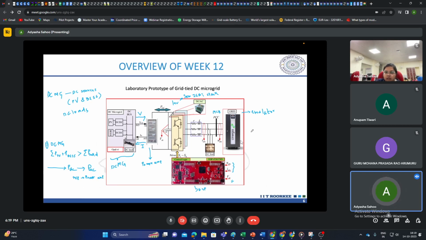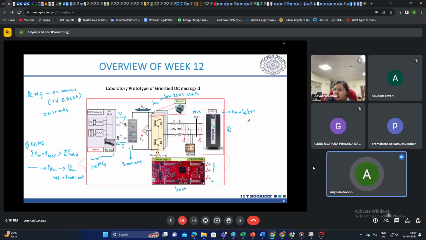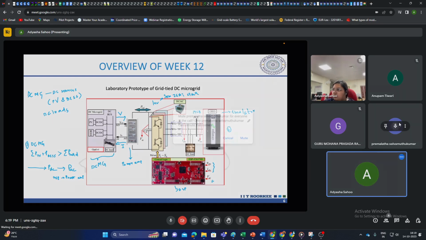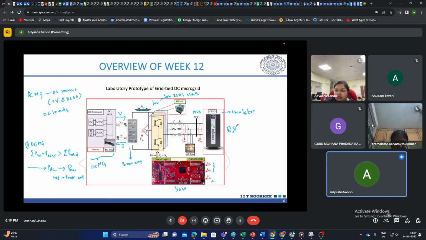Then in the second case study, we were considering an energy deficit case. So that means the summation of PV plus the battery was less than the load required.